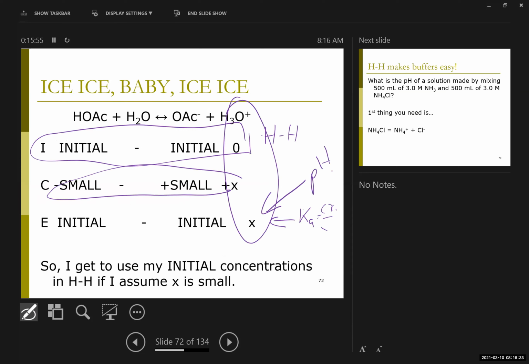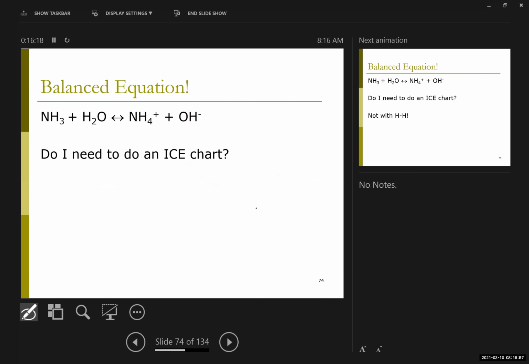If I turn my pH back into the concentration of hydronium, I can see whether or not the assumption ended up being valid. But again, this tendency of the buffer to make X smaller than it would normally be makes the assumption more likely to work.